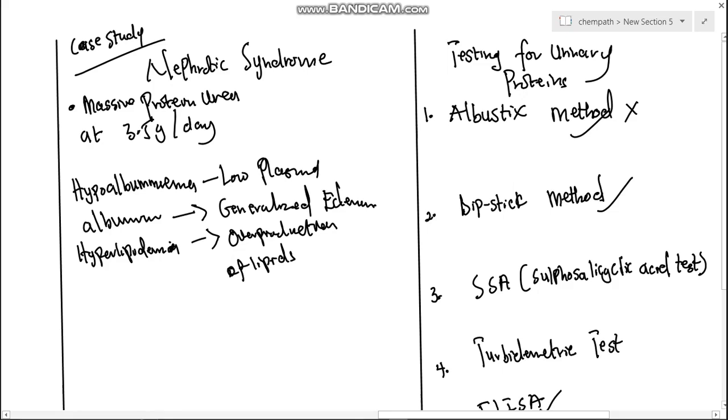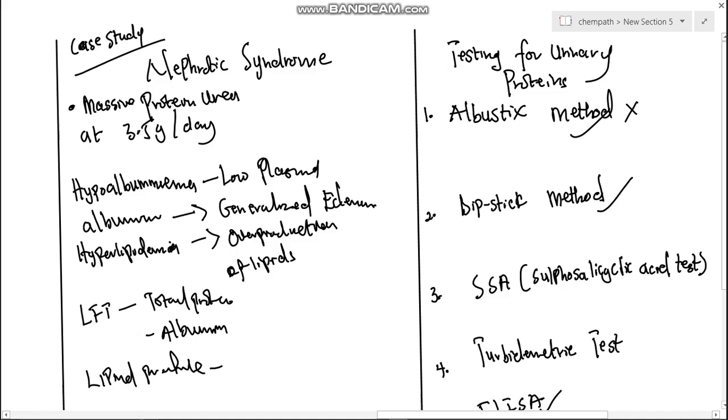If you really want to diagnose nephrotic syndrome, what you have to look for is the liver function test. In the liver function test, you have to take notice of the total protein and especially albumin. Then you are also going to do a lipid profile.